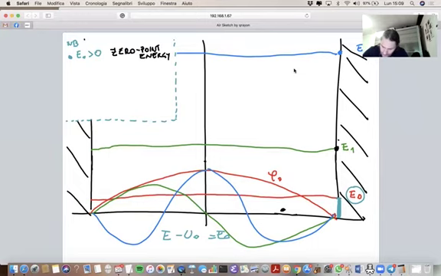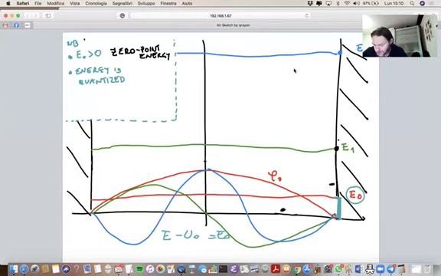The second observation: energy is quantized. Because you see, not only is the first allowed energy positive, so there is zero-point fluctuation, but you cannot have a particle with this much energy.